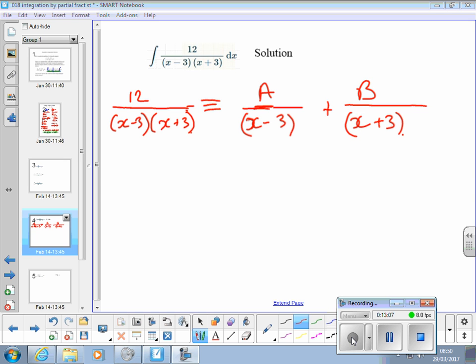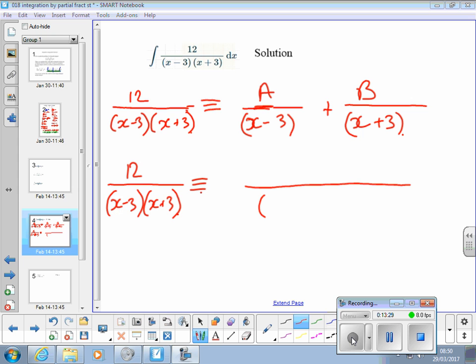What do we do next? What we've got to try and achieve is a common denominator over here. So what we want is that common denominator back.